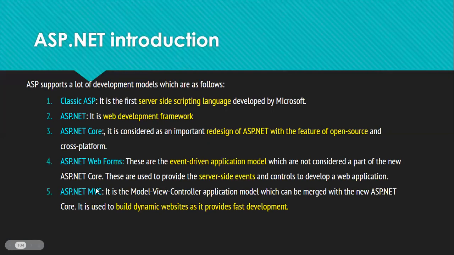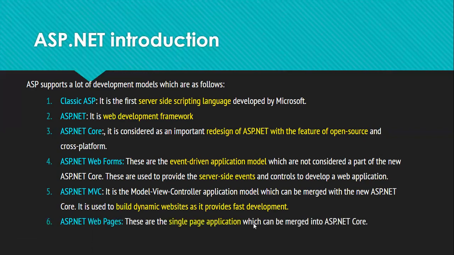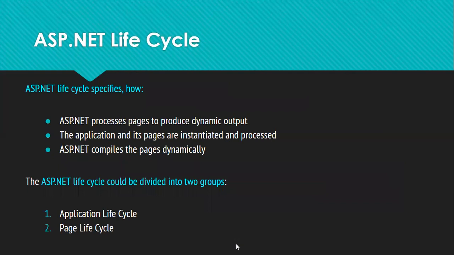It is MVC based, meaning Model View Controller based application model, which can be merged with the new ASP.NET Core, and it is used to build dynamic websites as it provides fast development. And next is ASP.NET Web Pages. These are single page applications which can be merged into ASP.NET Core. And last is ASP.NET API. It is the web application programming interface, API.